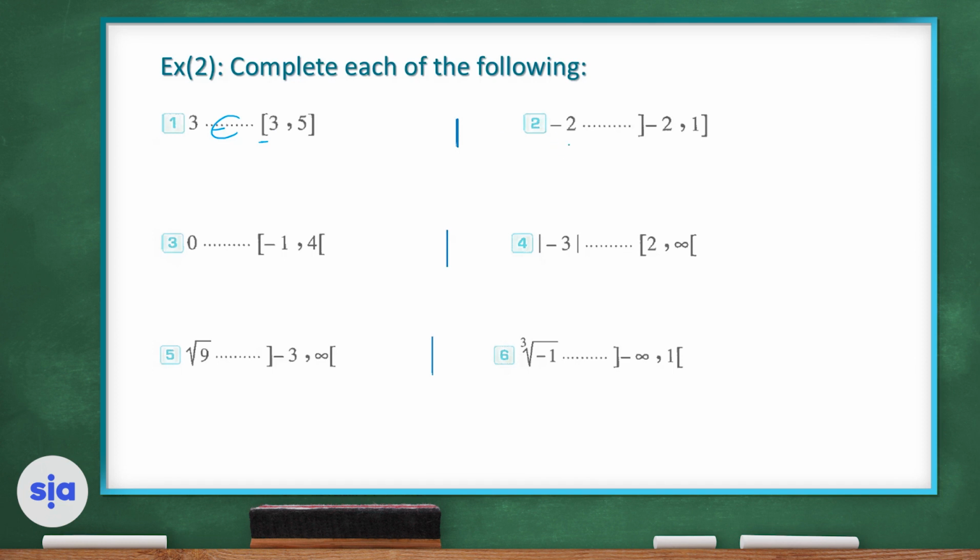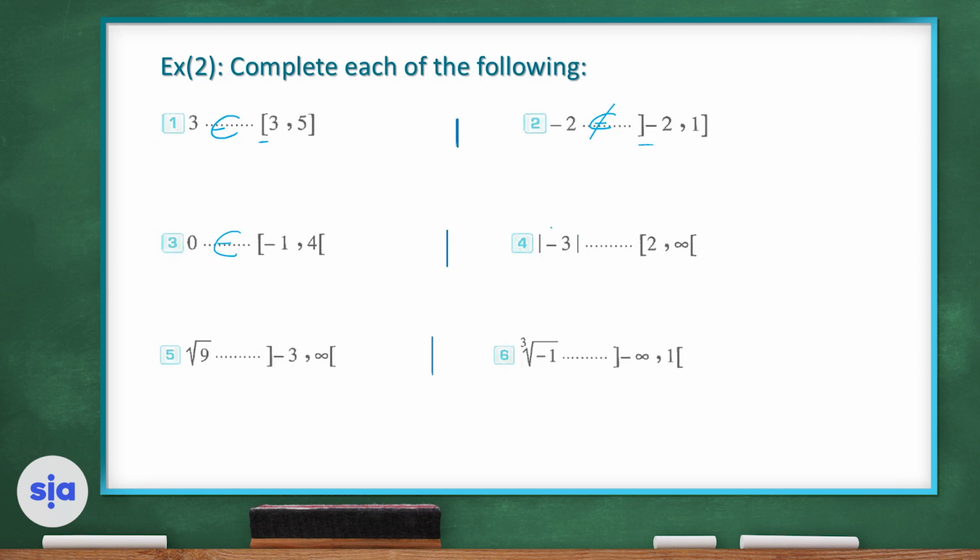Question 2, negative 2, does it belong here? No, here it's open, so negative 2 is not included. So negative 2 does not belong to this interval. In question 3, from negative 1 closed up until 4 opened, is the 0 in this interval? Yes, the 0 belongs to this interval.